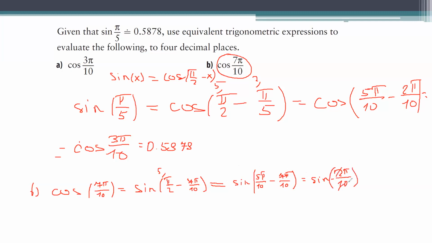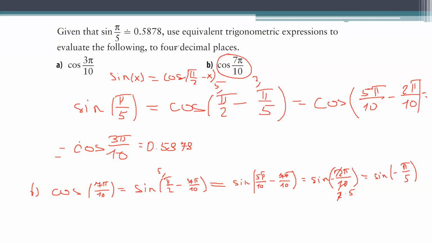And now I can factor out 2 and 10, leave 5 here, which is equal to sine of minus pi over 5.